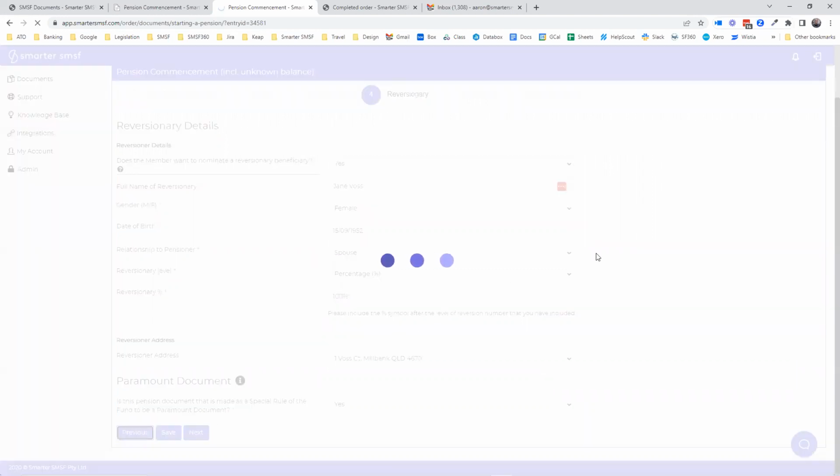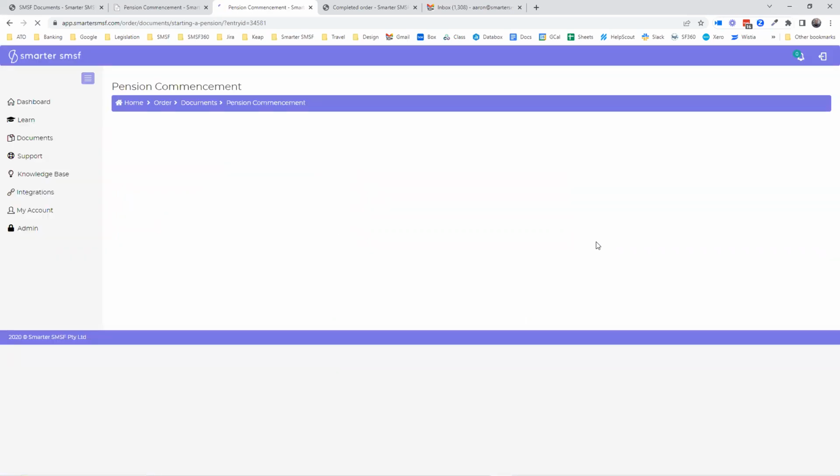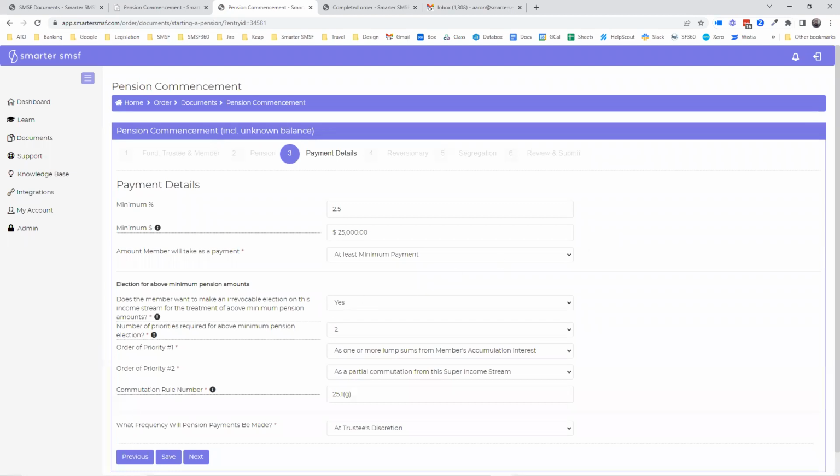Now, one of the important things that I didn't touch on earlier is that people naturally ask me, well, look, Aaron, we don't have the Smarter SMSF deed at this point in time for the client. So therefore, can we actually still use these pension documents? The short answer is yes, you can, because there is a very simple question that gets asked earlier on in this ordering process.